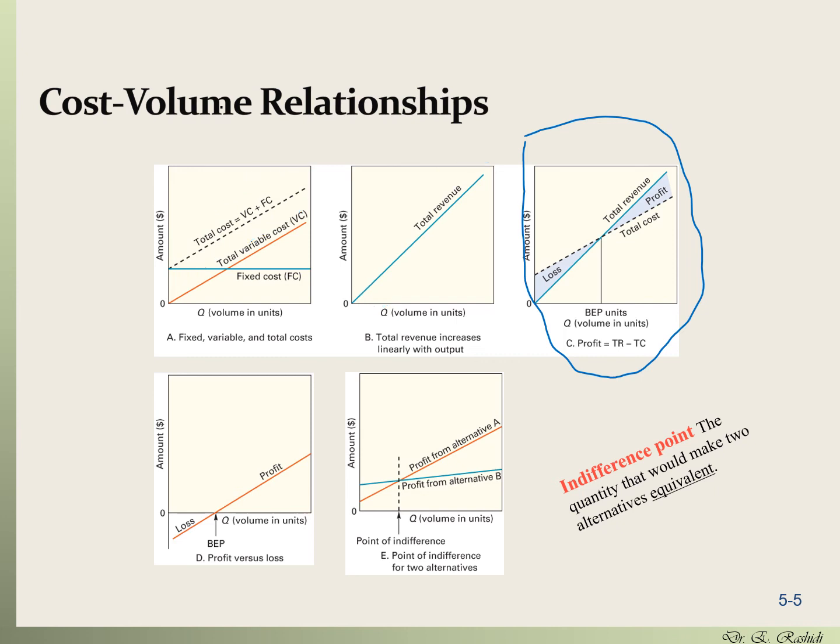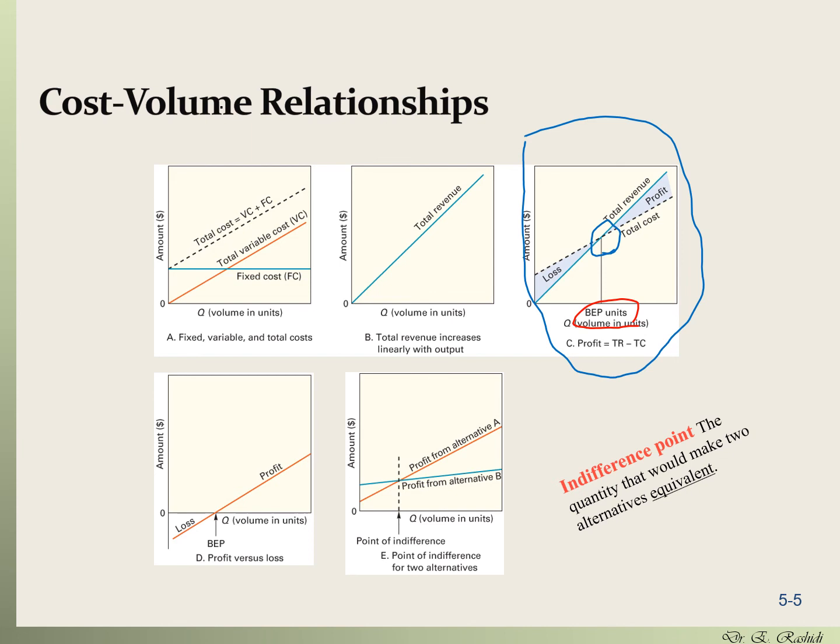At this point, as you see here, the total revenue line crosses over the total cost. That means the quantity at which total revenue is equal to total cost, so you don't make any money. There is zero profit. This, as we learned, is called the break-even point.